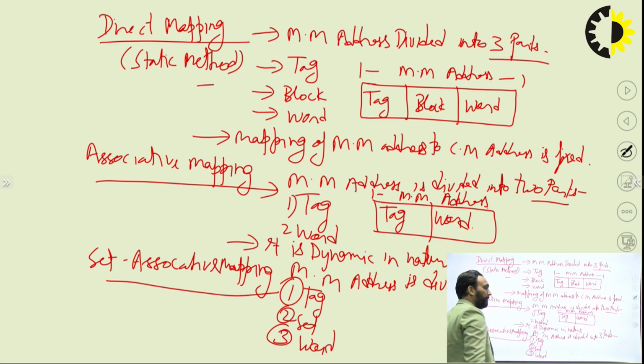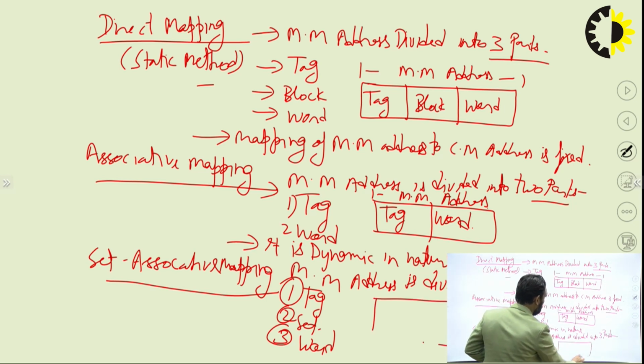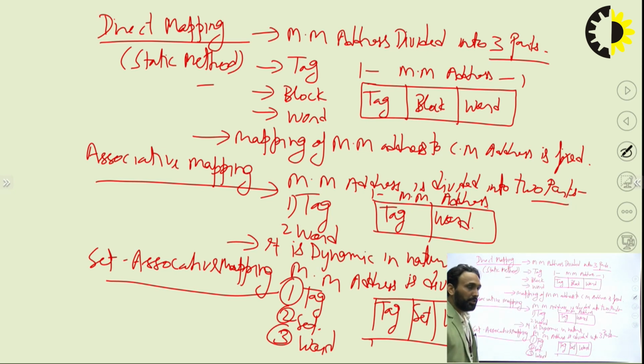In this method, we make a group of blocks known as a set: tag, set, word. So it is a basic representation of these three mapping techniques in terms of their header, or we can say a memory address length, along with their terms like tag, block, word.